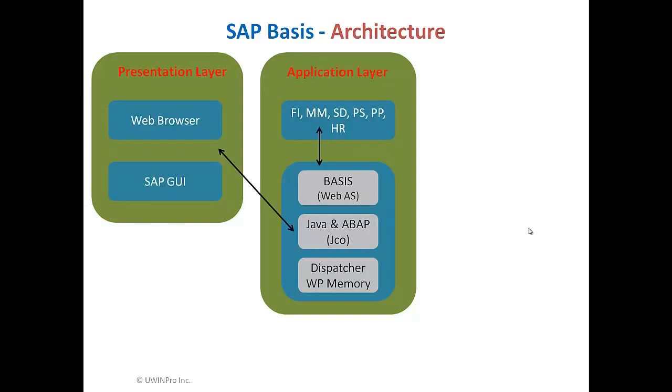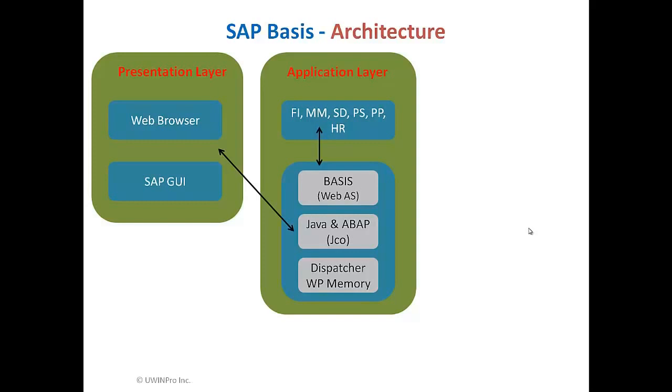After I log in to the SAP Basis layer, I can have access to the applications which are running above the Basis layer, such as finance, sales and distribution, project system, production planning, human resources, etc. But to access them, I have to either use the SAP screen login, the SAP menu, or I can use T codes.